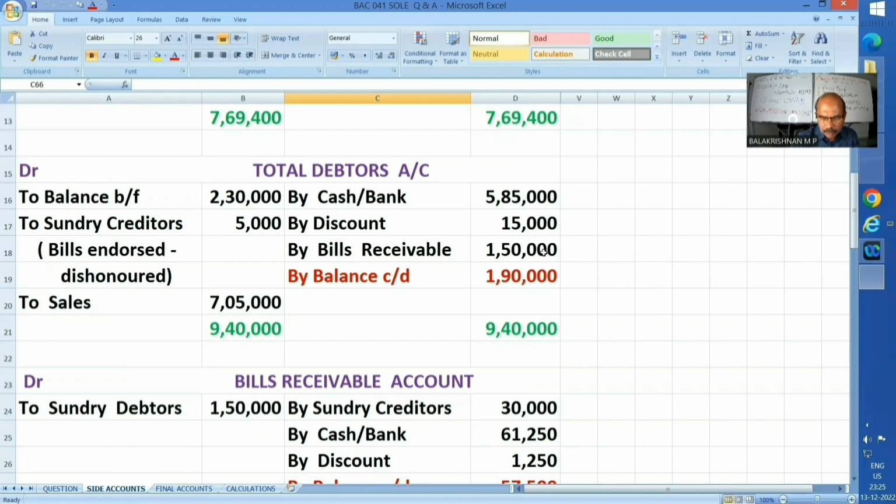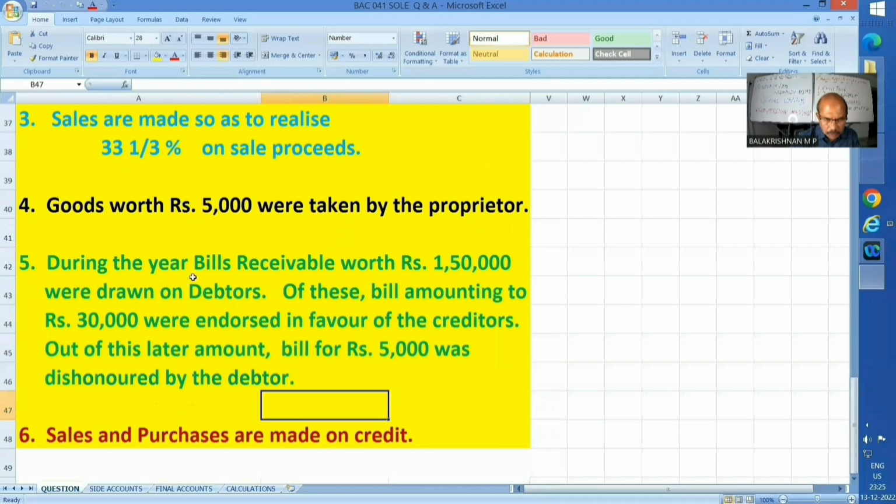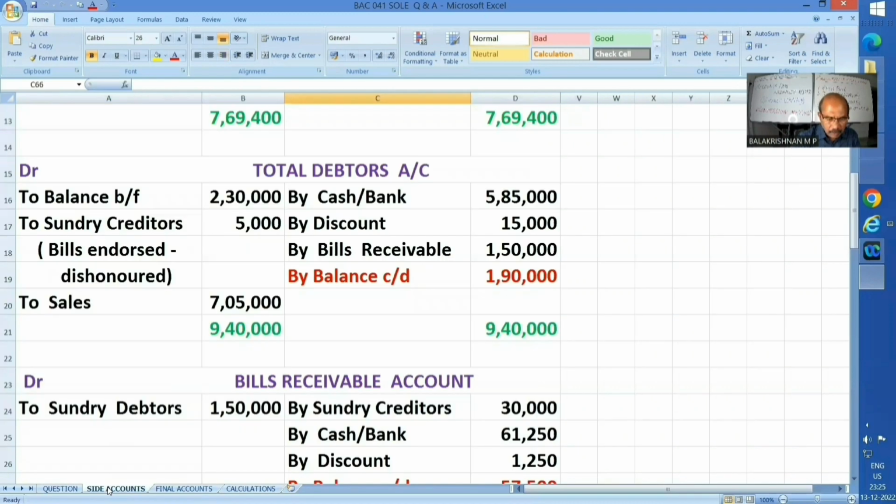And what about this 1,50,000? Well, in the question they told us, during the year, bill receivable worth rupees 1,50,000 were drawn on debtors. So the journal entry for drawing the bill on debtors is nothing but bill receivable to debtors.